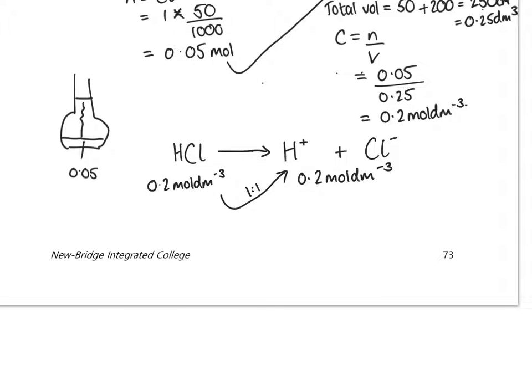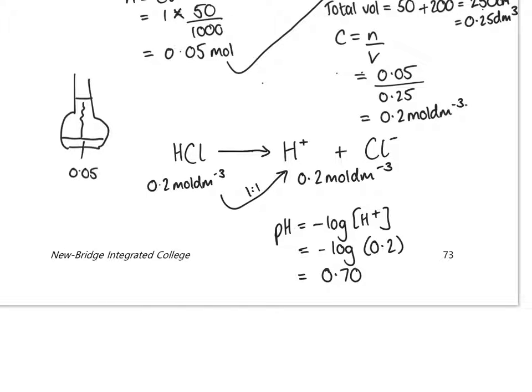Then finally, remember we've been asked to calculate the pH. So we very simply put that into the equation for pH. pH equals minus log H plus. So in this case, it's the negative log of 0.2, which is equal to 0.70.